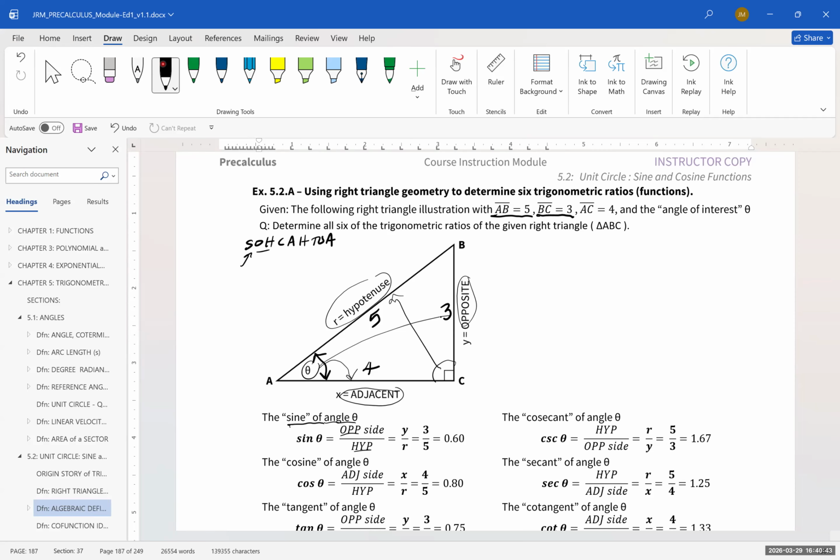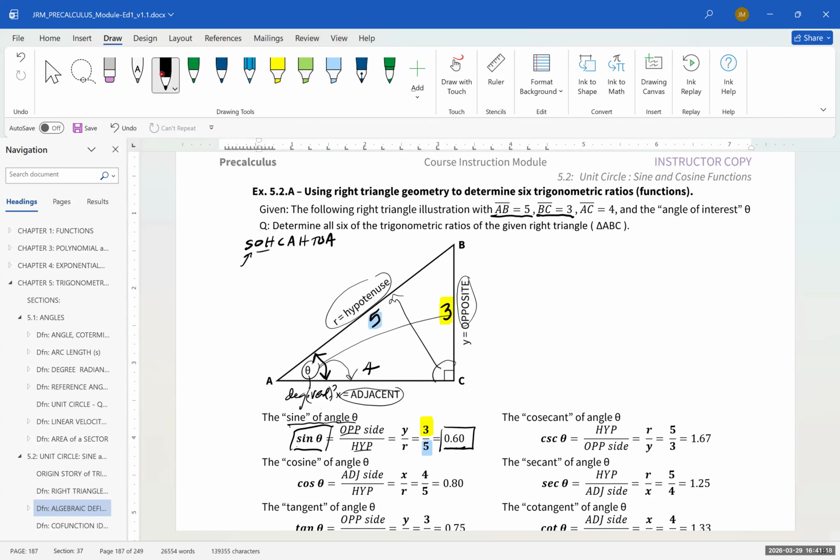The value of y is 3, and the value of our hypotenuse is 5. So 3/5 simplifies to 0.6. We don't know what degrees or radians this angle is, and that's okay. But we know the sine of that angle is 0.60.